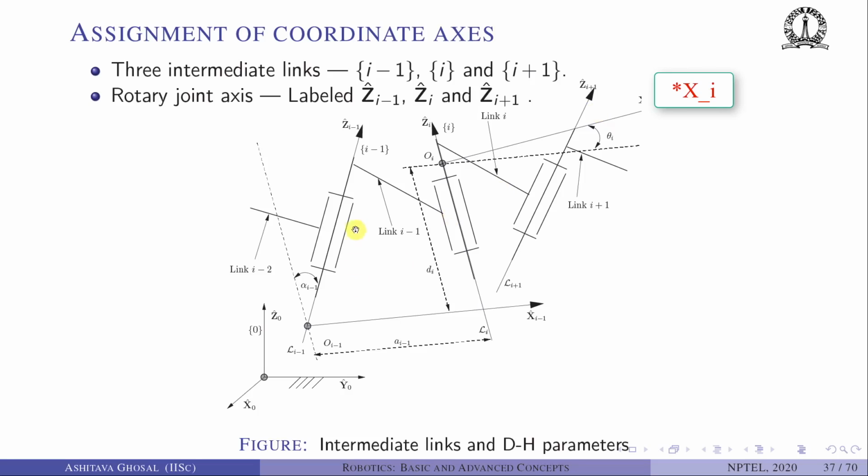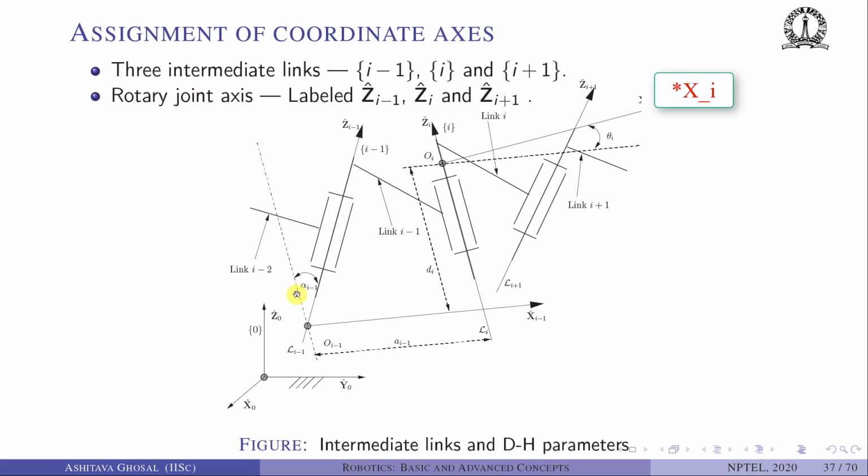First, between Zi-1 and Zi, there is a twist, an angle which is denoted by alpha I-1. So how do I find this angle? We project the Zi axis onto here. Then we have a line which is mutually perpendicular to Zi-1 and Zi, that is labeled as Xi-1. So we find the angle from Zi-1 to Zi about axis Xi-1.